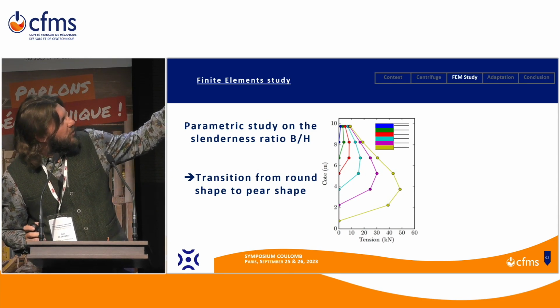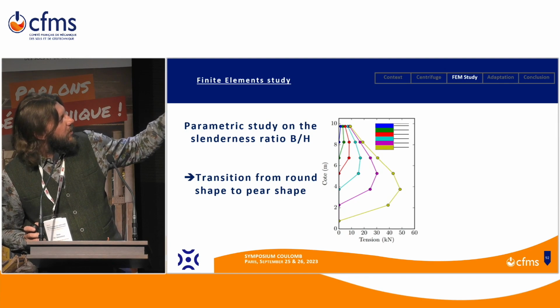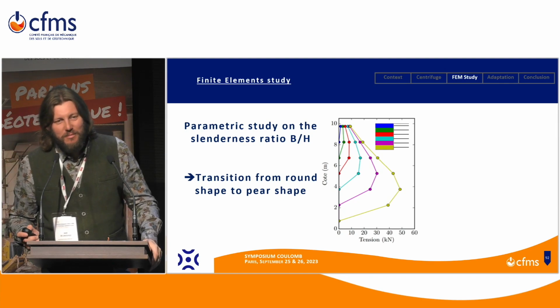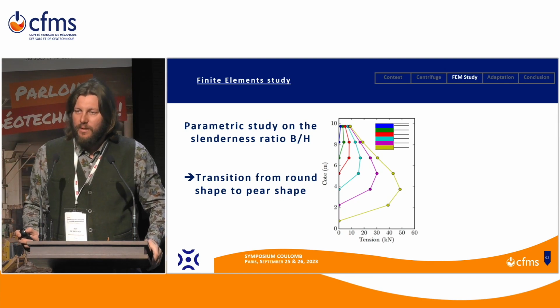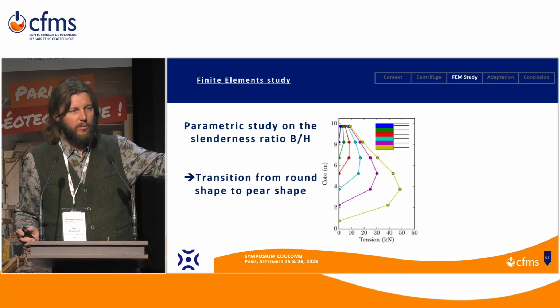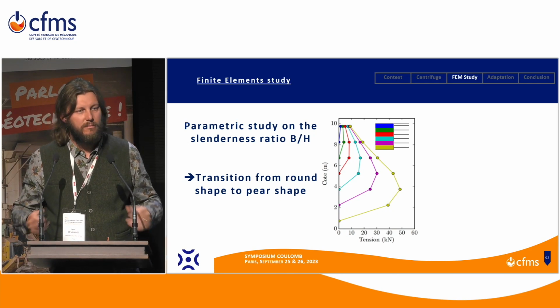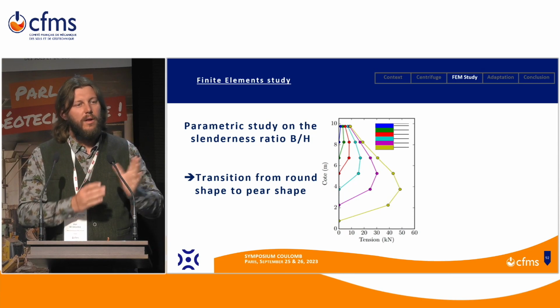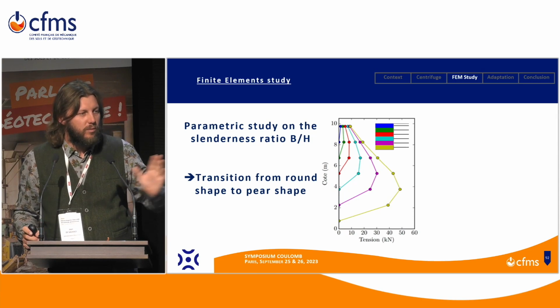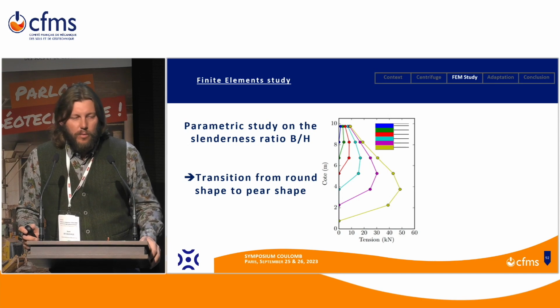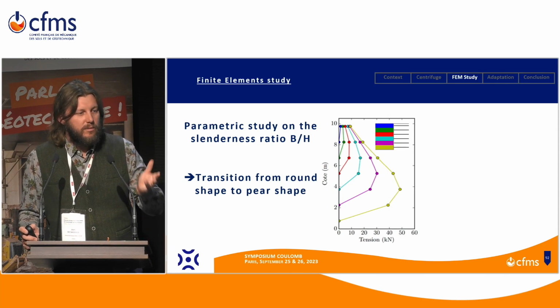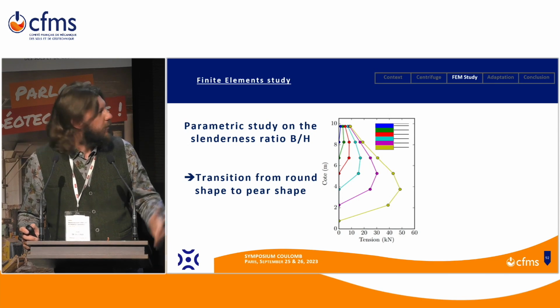What you see is you go from a, let's say, round shape to something which I call pear-shaped, and ultimately it would be a triangle. So the shape of the tension goes from a homogeneous distribution to a triangular one when the wall is more slender.